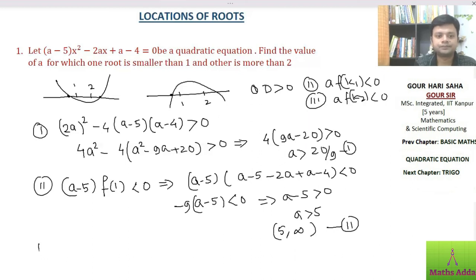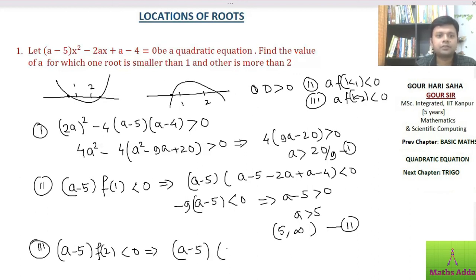Third one. Third one is what? a into f(k2). So a minus 5, f(k2), k2 is 2. So f(2) less than 0. So a minus 5, f(2), it is 4a minus 20 minus 4a plus a minus 4 less than 0.